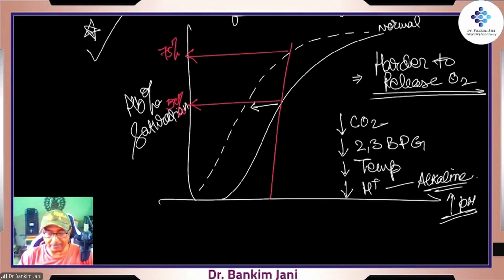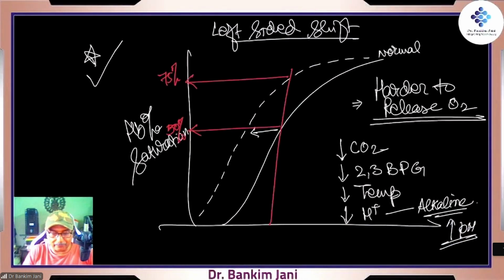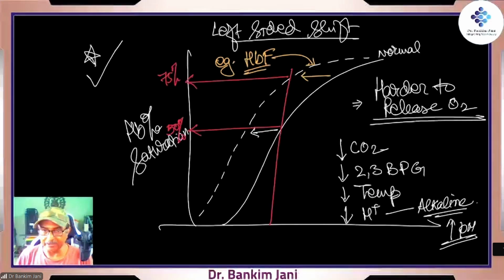So perfectly right. I'm writing it here. Say, for example, hemoglobin F. This is fetal hemoglobin, and in fetal hemoglobin, there is a left-sided shift.